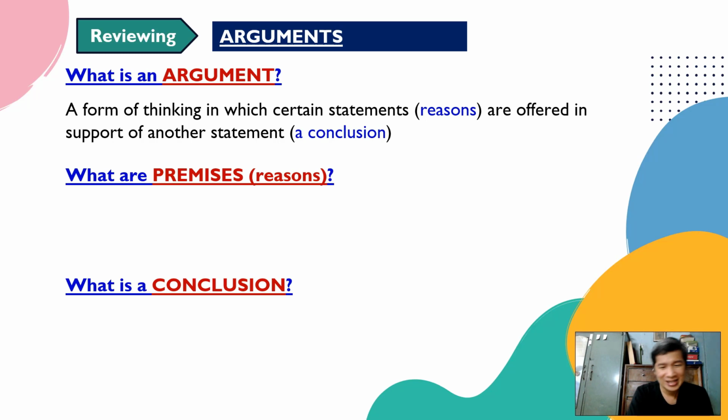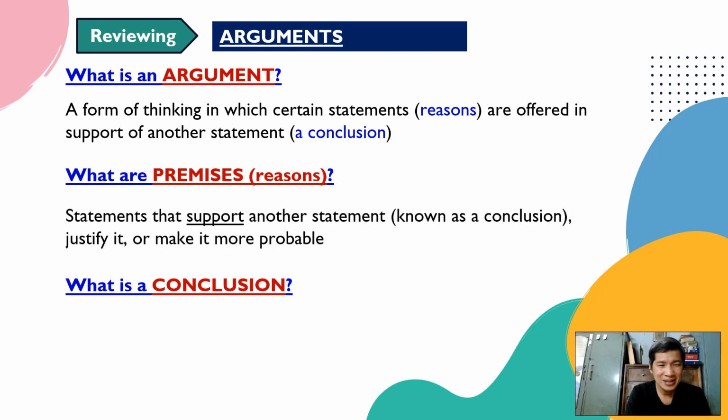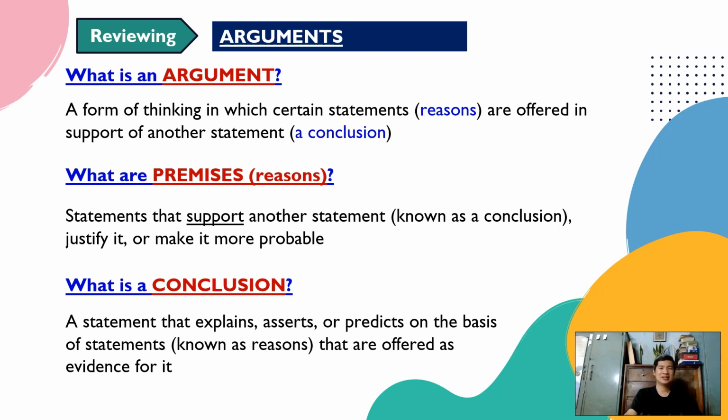You can see it's easy now for the premises, right? They are statements. And they are there to support another statement, or we call a conclusion. The main purpose of the existence of the premises is to justify and to make the conclusion more possible, right? And conclusion, that's the final factor.